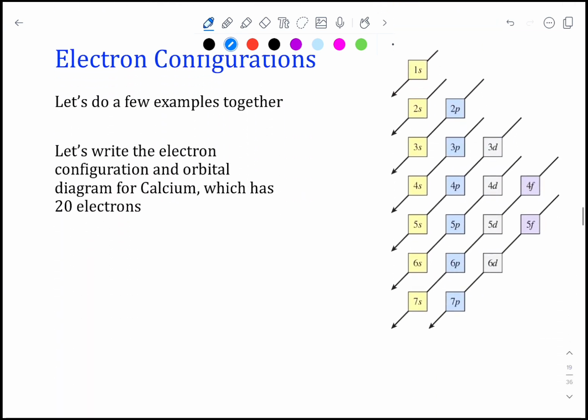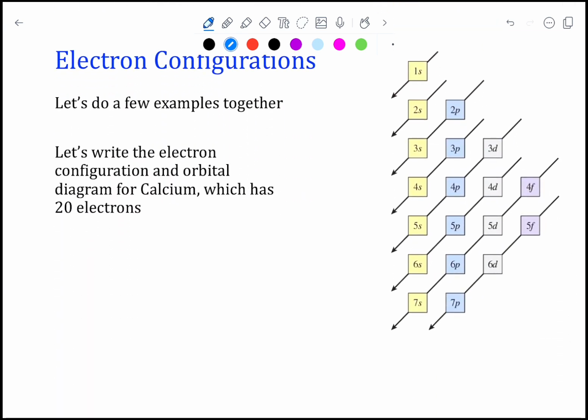So let's do one example together where we use this diagram to write our electron configuration. We have calcium, which has 20 electrons, so 20 electrons that we need to organize into specific orbitals. We start here, we have 1s. Actually, I'm going to do this a different way.